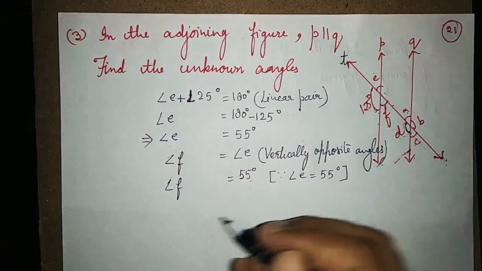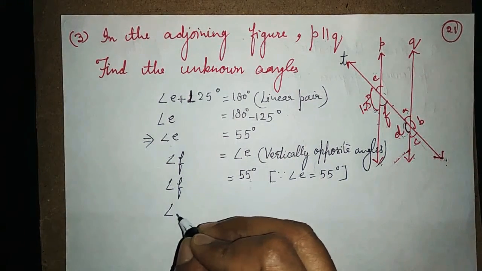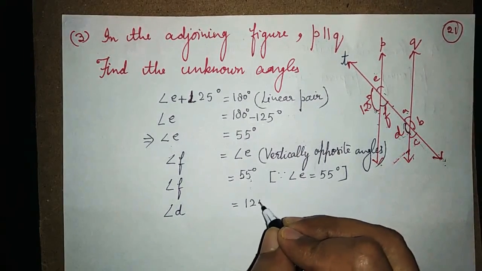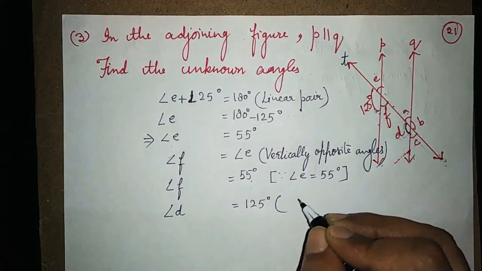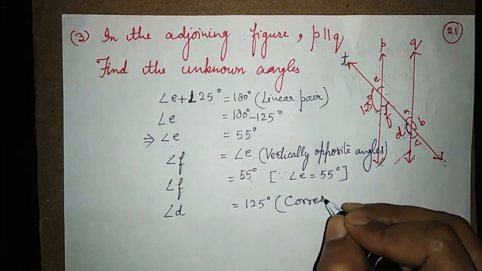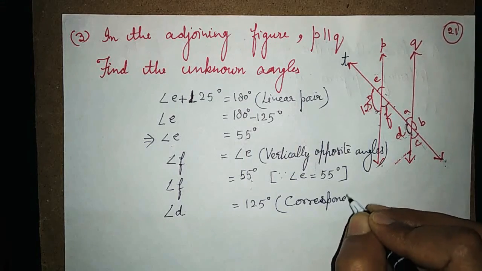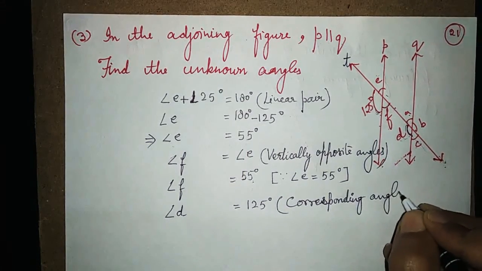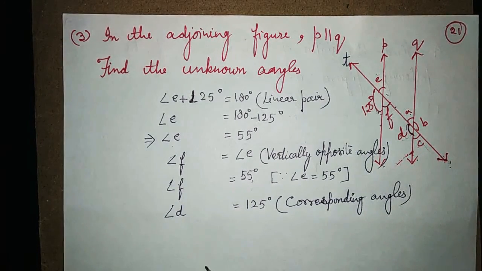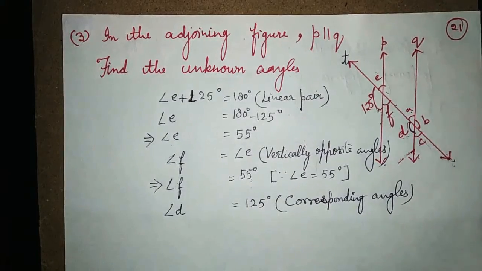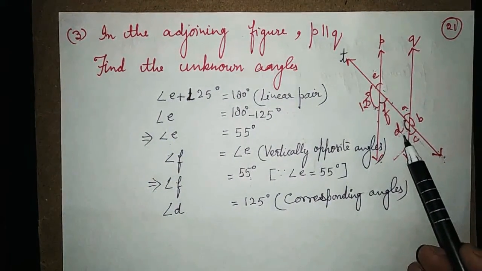So here we will write angle D is equal to 125 degree. Here we will write corresponding angles. Now D we have calculated.